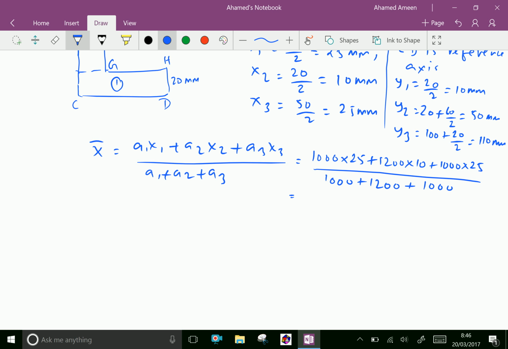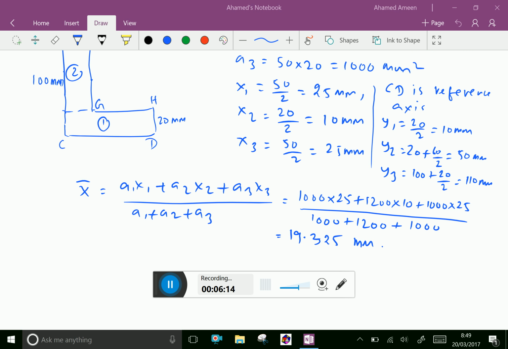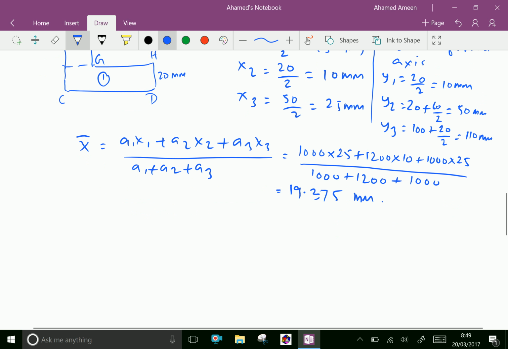By calculation, we get x bar equal to 19.375 mm.